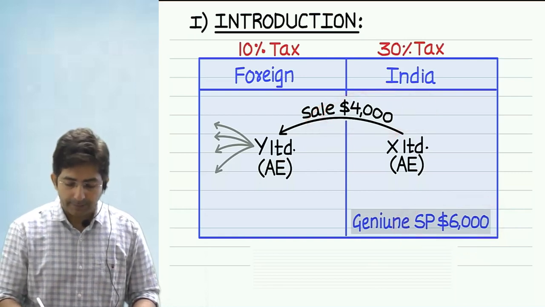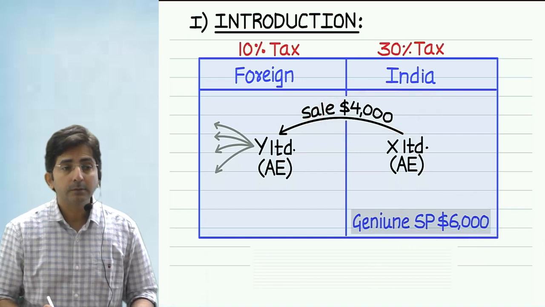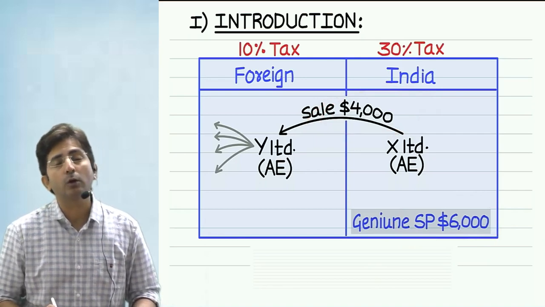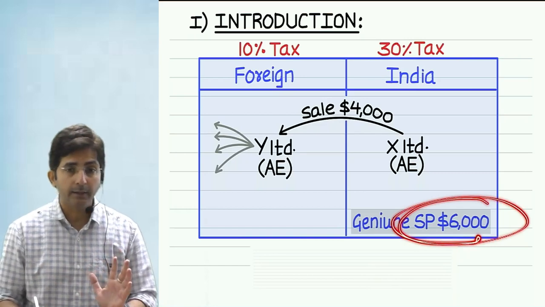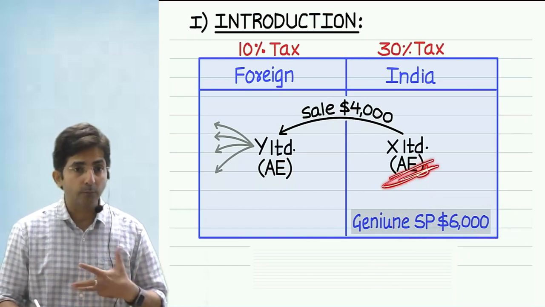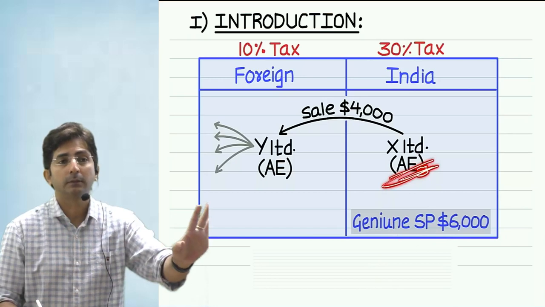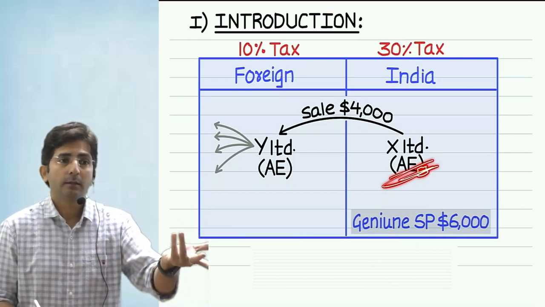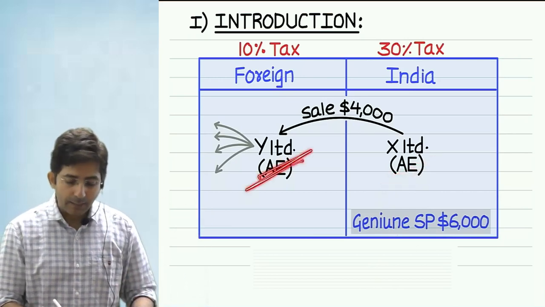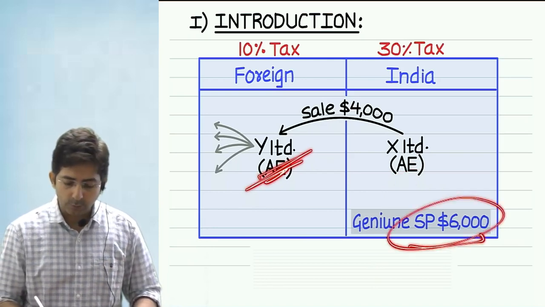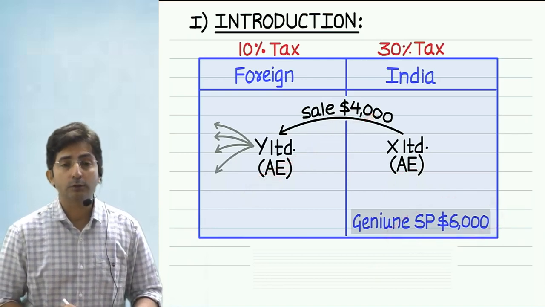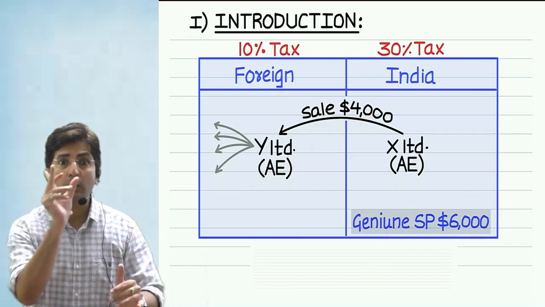Why did I say $2,000? Genuine sale price is 6,000. Ideally, if X Limited had transacted with a normal person, it would have sold for 6,000. But since Y Limited is its own company, instead of 6,000 it could sell at 4,000. So there is a reduction of $2,000.